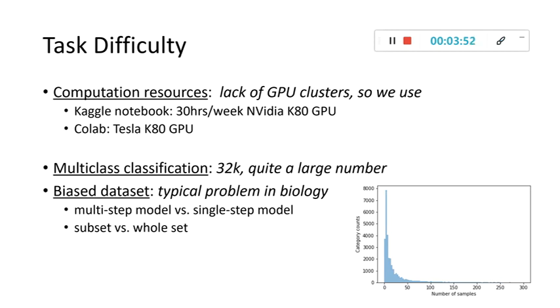The second thing is that it is a multi-class classification, which means it's not a simple task. For example, you tell whether the image is a cat or a dog. It's quite a difficult task to do multi-class classification, especially for 32,000 categories.